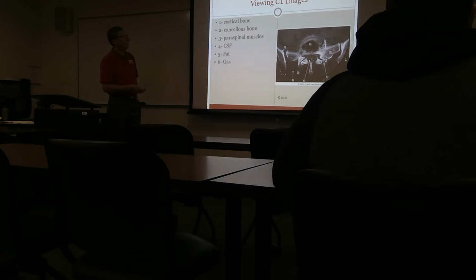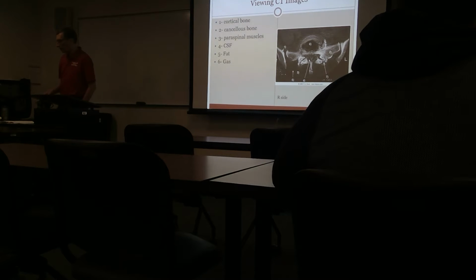2 is going to be cancellous bone. 3 is going to be the paraspinal musculature. 4 is going to be cerebrospinal fluid, which is in here. 5 is going to be fat, and 6 is going to be gas. Now, why is there gas on a vertebra? It's not always there.